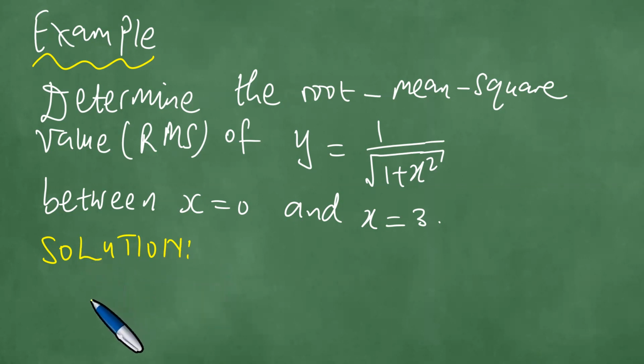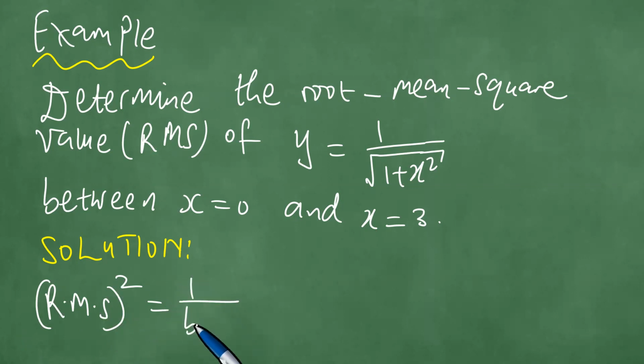So now to find the root mean square of this, it's very straightforward, but we must know the formula for this. We note that there are a couple of ways to write this out, but the root mean squared is 1 over b minus a, the integral of a to b, y squared dx.